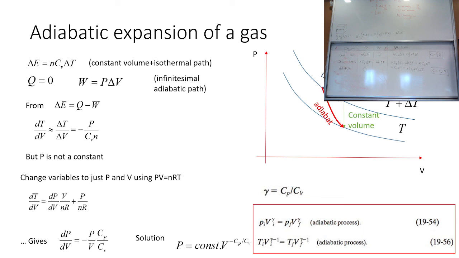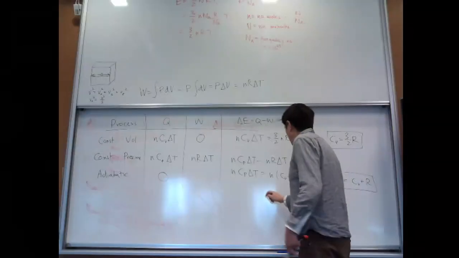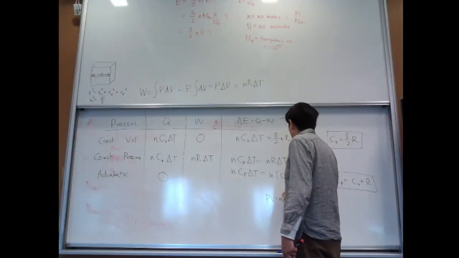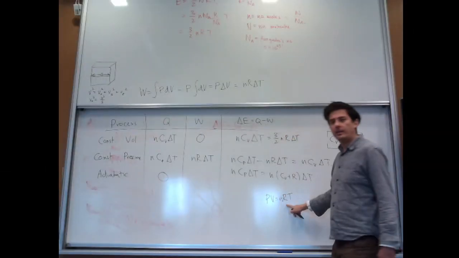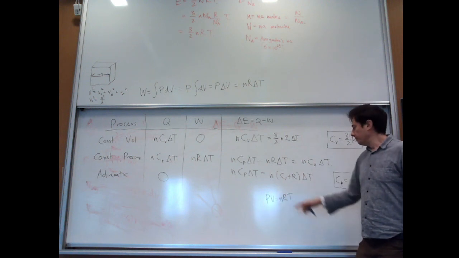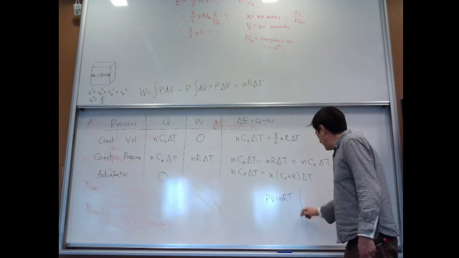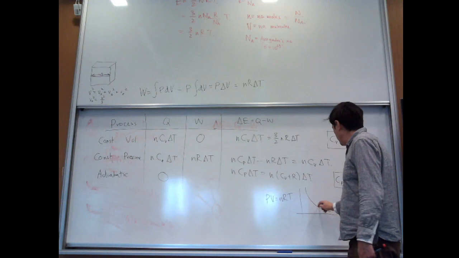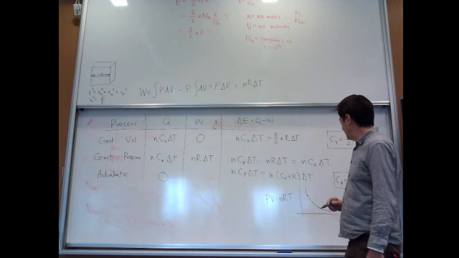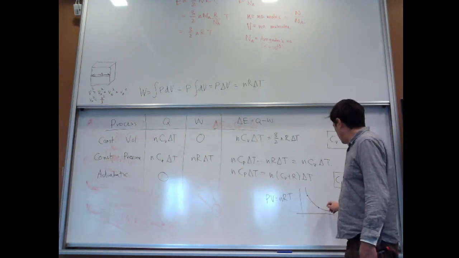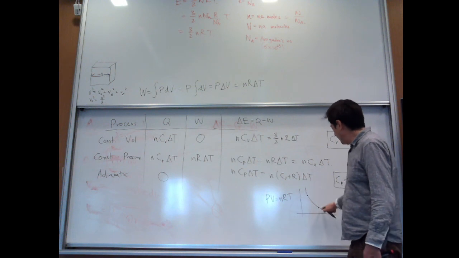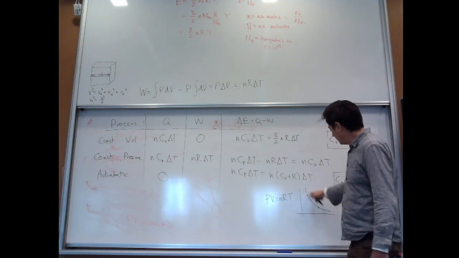So much like for an isothermic process, PV equals nRT. So if it's isothermic, then this is a constant, right? So for any isothermic process, if you choose any two points along the isotherm, then this nRT will be a constant.